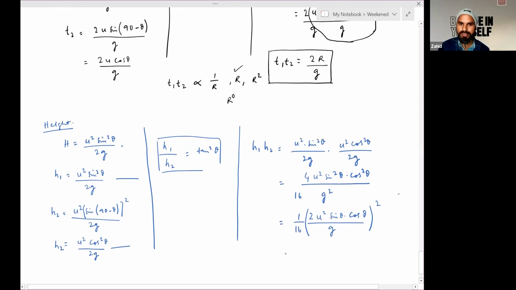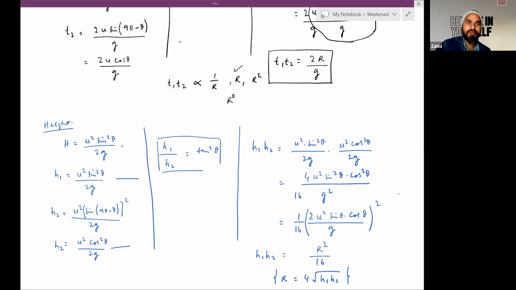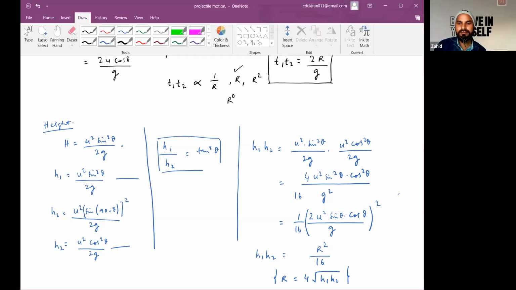So we may write range square divided by 16 equals h1 into h2. Now we may write range equals 4 times root under h1 into h2. So this is another relation for range using height for 2 different complementary angles.